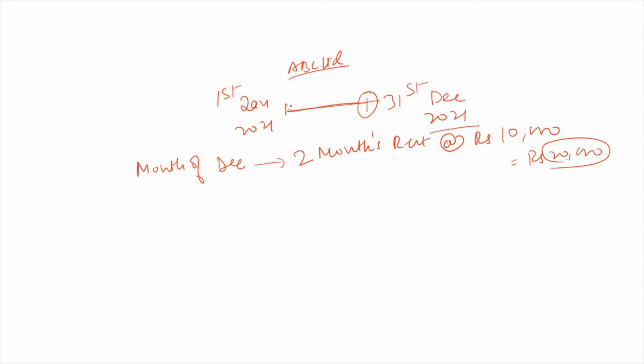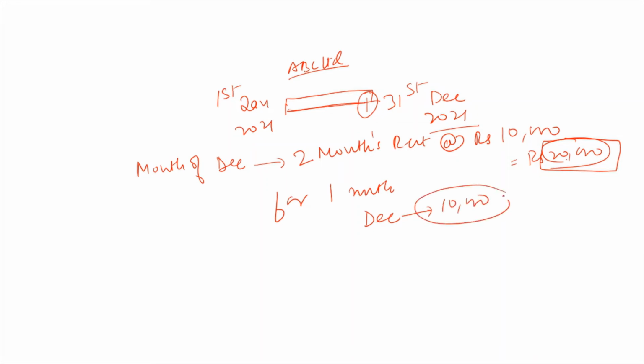Therefore, for the period ending December 2021, the entire rent will not be taken as an expense, only for 1 month, which is for the month of December, which is 10,000 rupees, will be treated as an expense for this period. So 10,000 rupees will be treated as expense, and the remaining 10,000 I will use as service in the next accounting period.